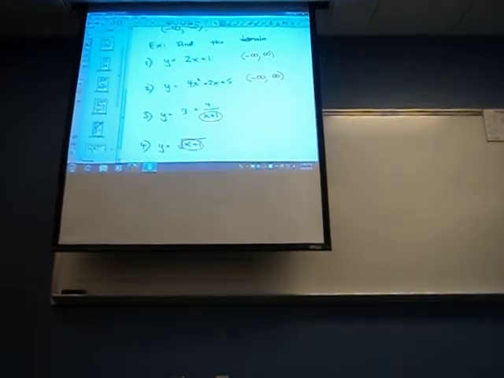Okay, so for this one, let's look at number 3 first. I want the denominator not equal to 0. So what I need to figure out is what number would make it equal to 0. Negative 1 would make it equal to 0, right?